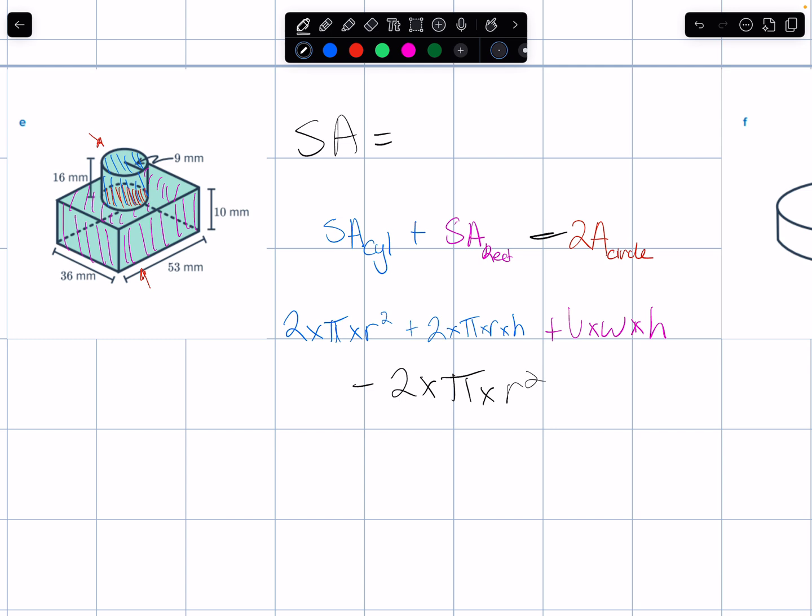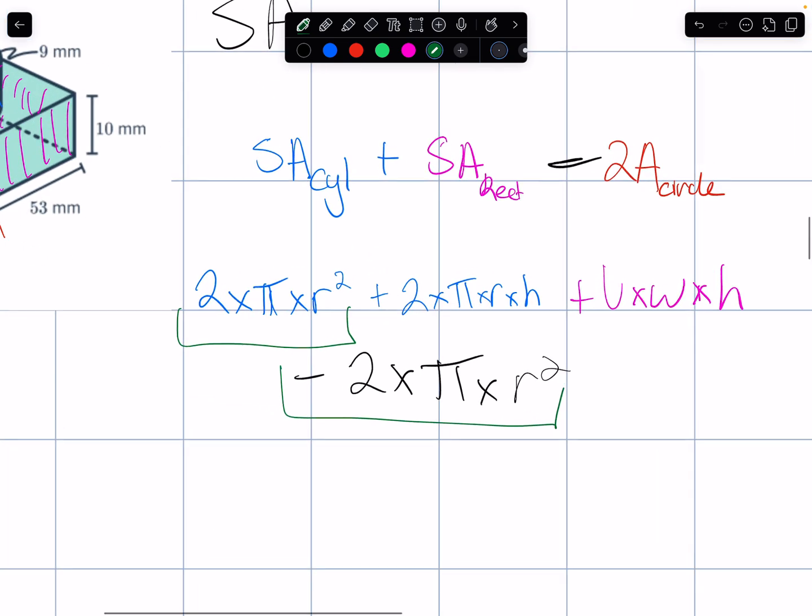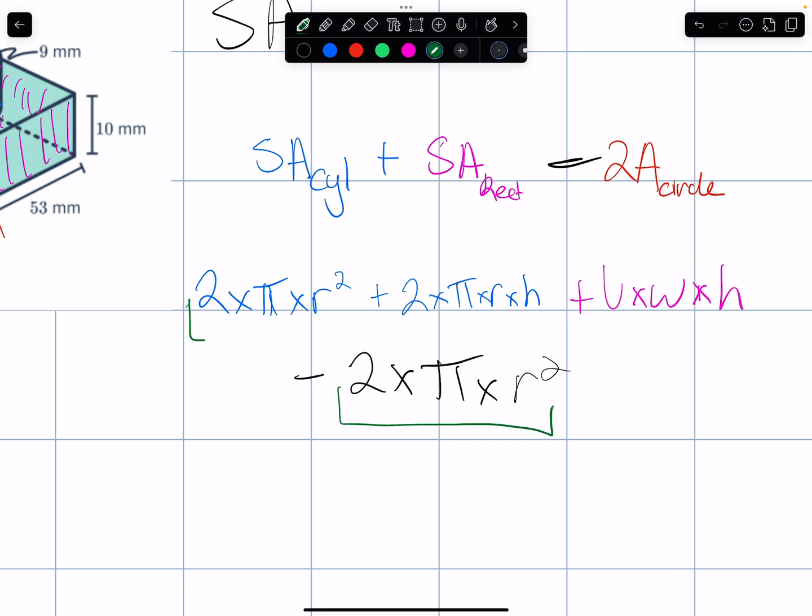Notice, look at this. I'll do it in red. I'll do it in green. This and this are identical. 2 times pi times r squared appears twice, but one is being subtracted from the other.